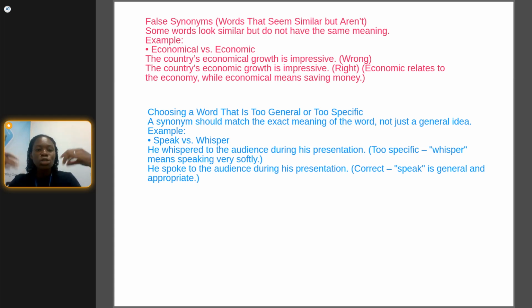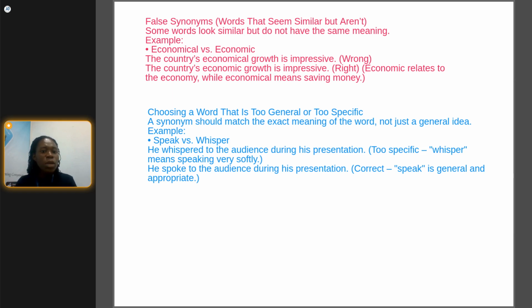However way you want to talk, just talk. But when you say whisper, whisper is a kind of speaking. To speak very softly is to whisper, which is the more specific form for the general one, speak.